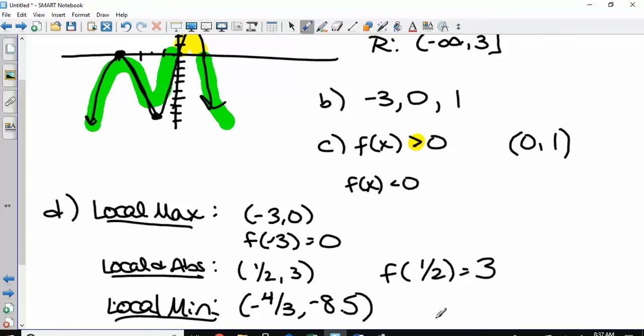If you were in the ballpark, I would give that one to you, because it is difficult to tell exactly. Somewhere between -1 and -2 for your x, and your y is between -8 and -9. Is that okay?